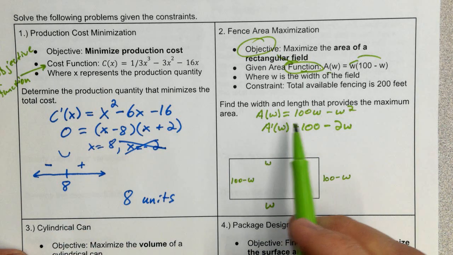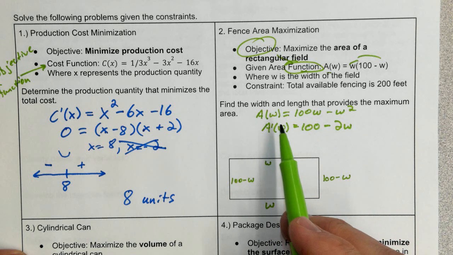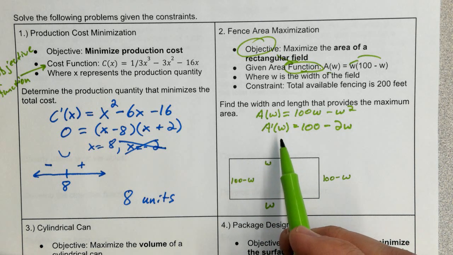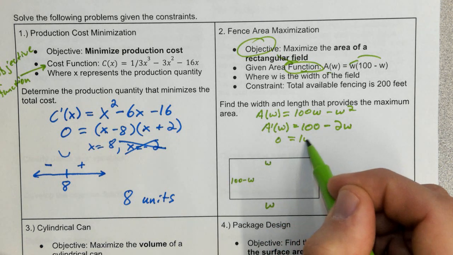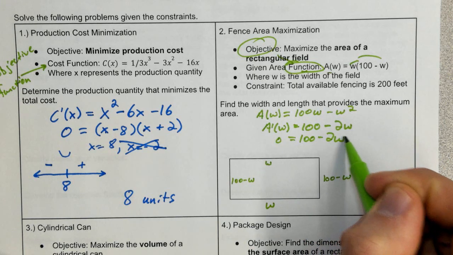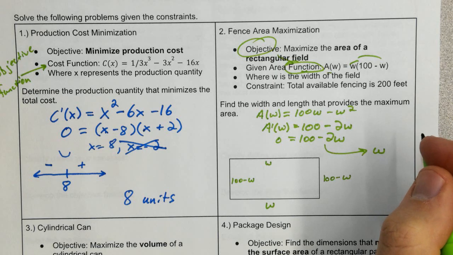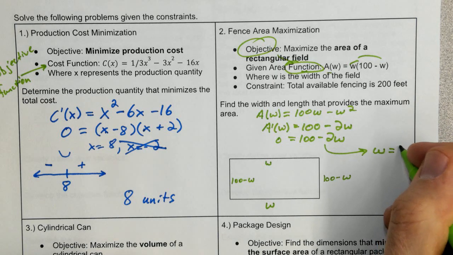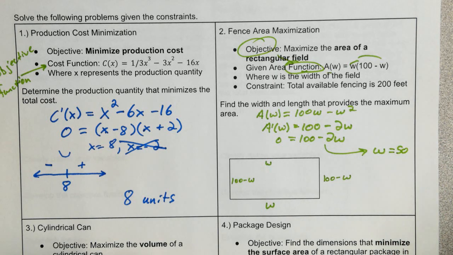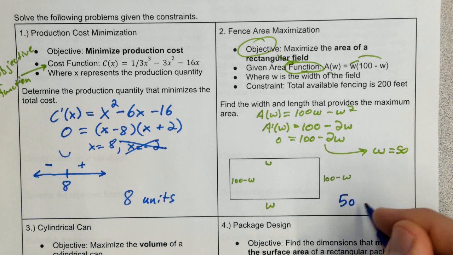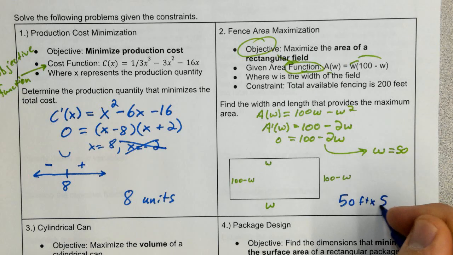And again, we're looking for critical points here, so when this is equal to 0 or doesn't exist, we're only worried about when it equals 0. So we set this equal to 0. When you solve this, you get W is equal to 50 feet. So if we want the dimensions, the dimensions of this would be 50 feet by 50 feet.